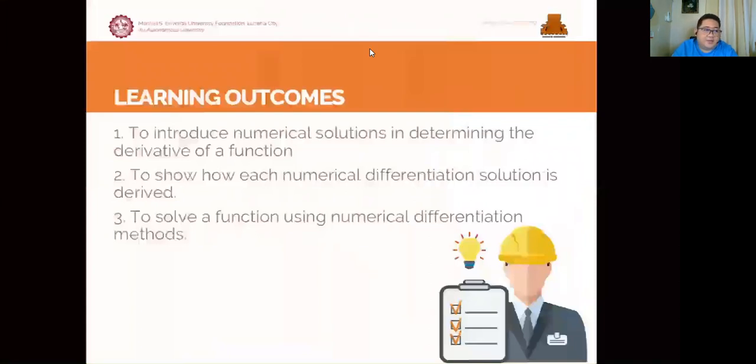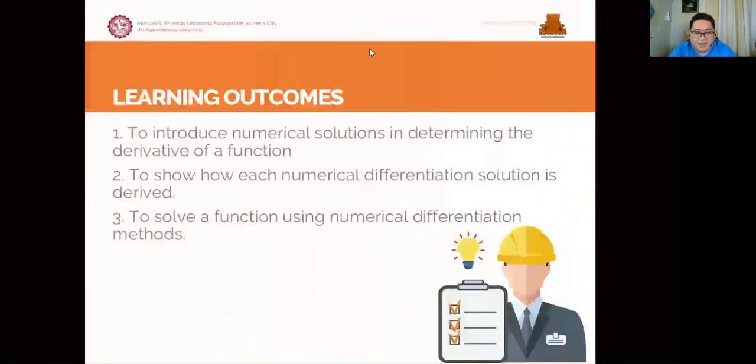When we talk about the first derivative, we are talking about the slope of our curve, meaning the rise over run of the curve. Then, to show how each numerical differentiation solution is derived, or how it is easy to remember, how the formula we will use was obtained. Lastly, to solve a function using numerical differentiation methods.